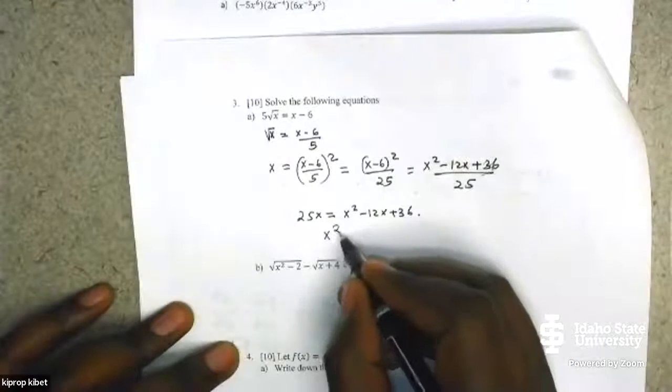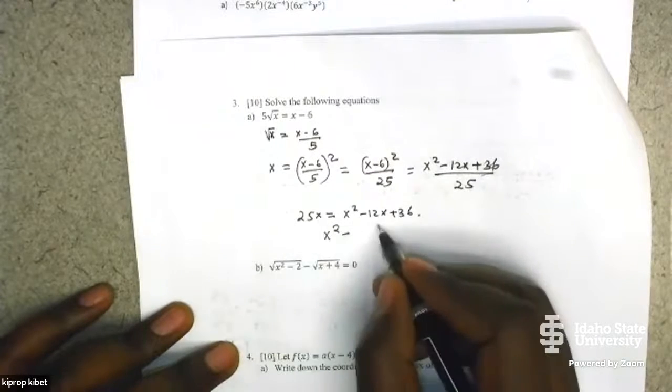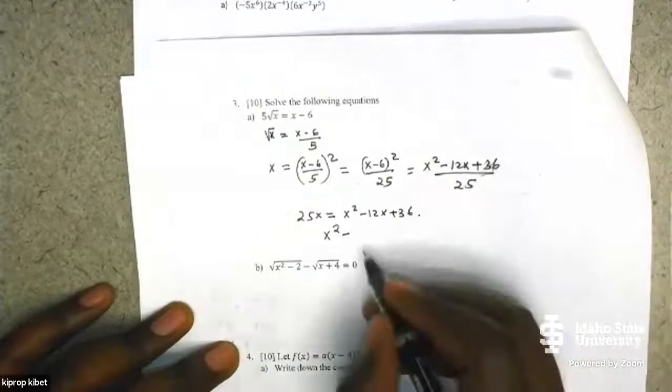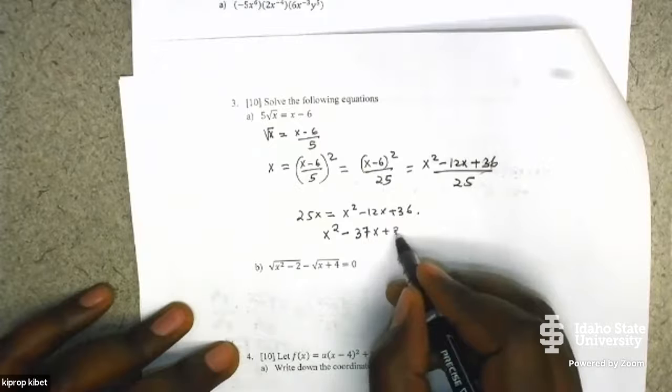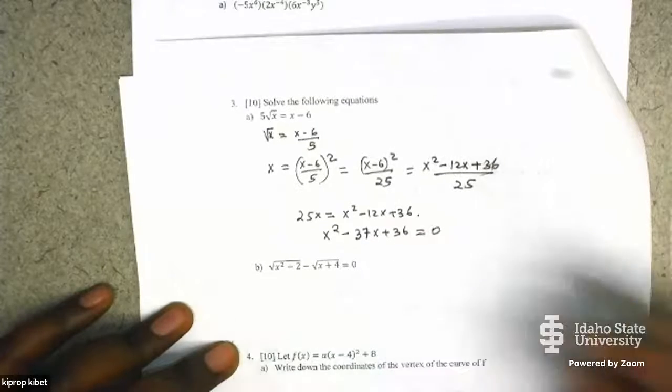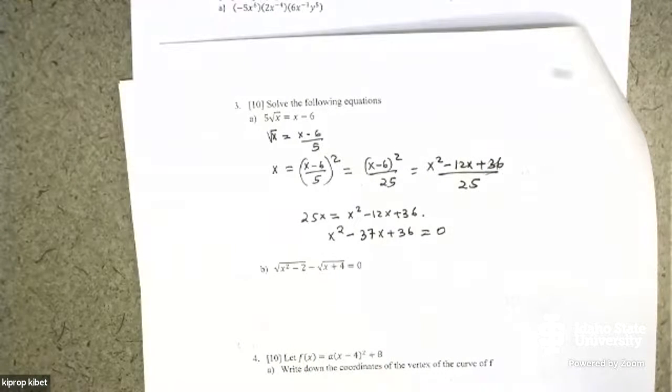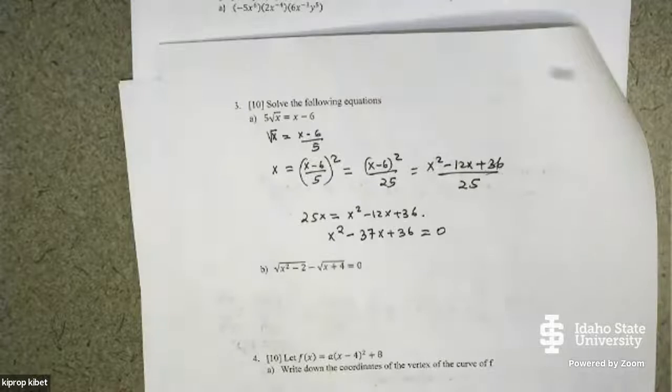So you get x squared minus 37x plus 36 equals 0. Simply, you use the AC method, where the product is 36 and the sum is minus 37. So 36 and what?